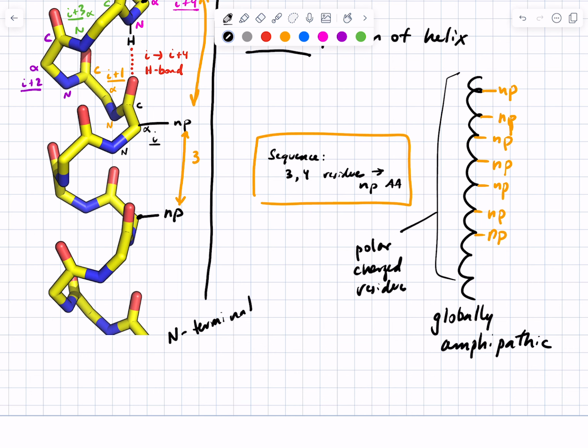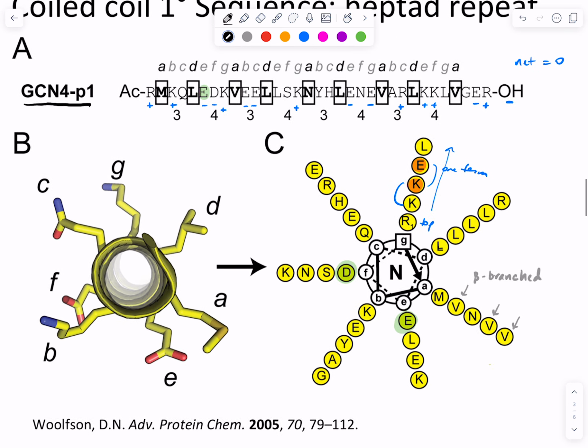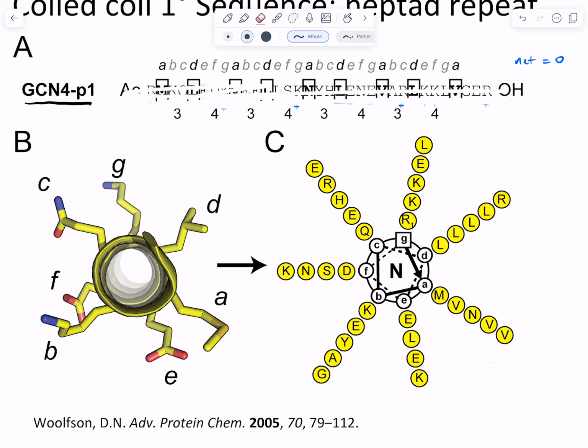I'll try to illustrate this with what's called a helical wheel diagram, that's intended to show you how the folding into an alpha helix displays side chains. Here is the same amino acid sequence we saw above.